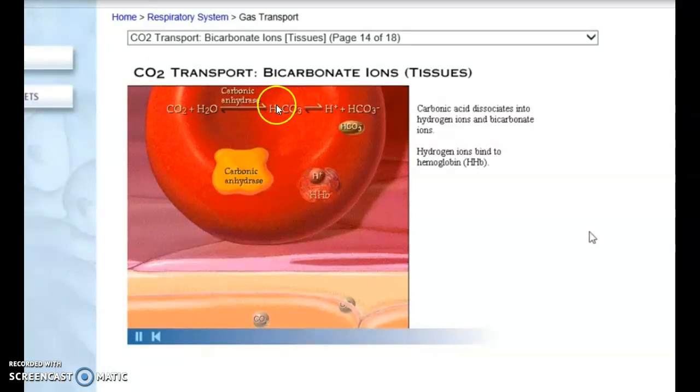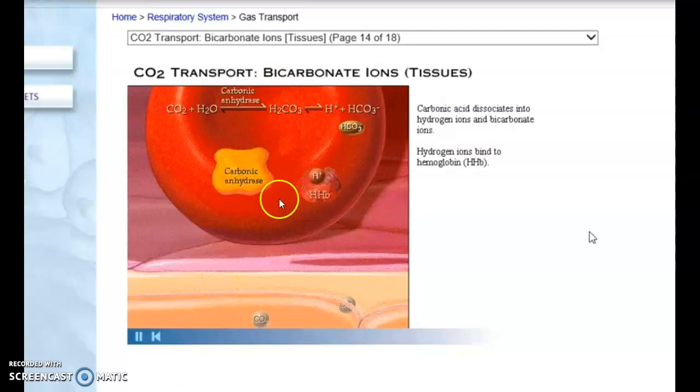Now, this carbonic acid, when it breaks into a proton and bicarbonate ion, the proton actually goes and joins with hemoglobin that's given up its oxygen. Now remember, when we're at the tissues, the red blood cells are going to start, according to how low the partial pressure of oxygen is in the tissues, giving off that oxygen.